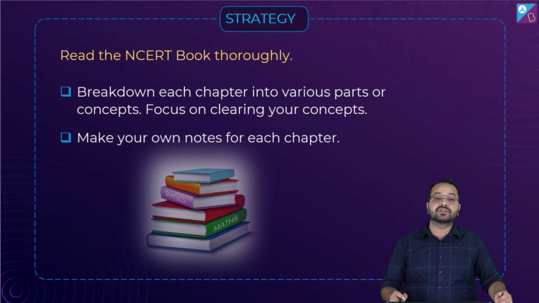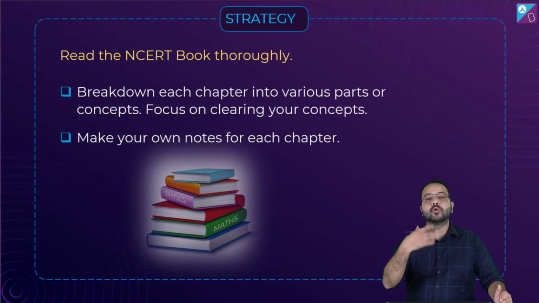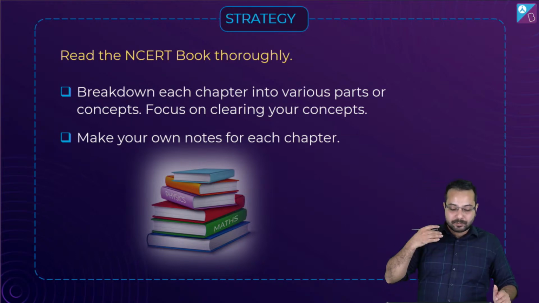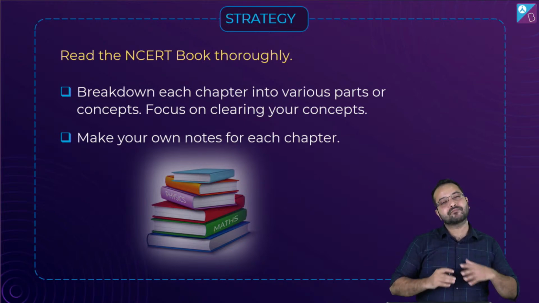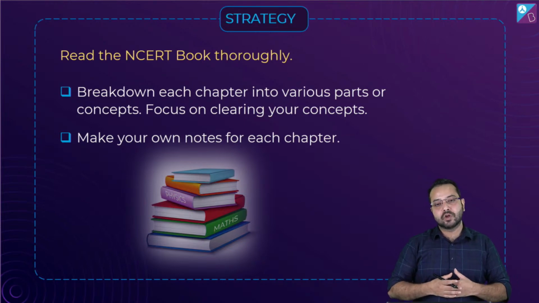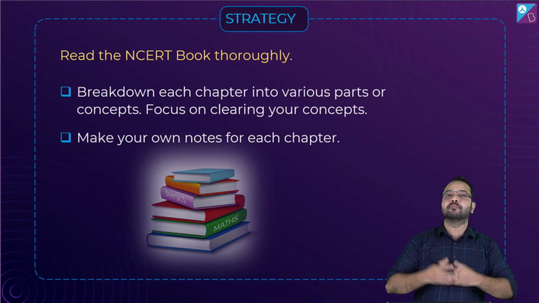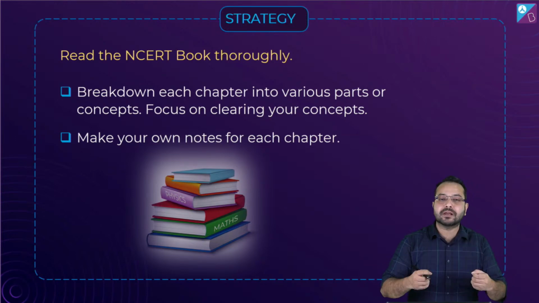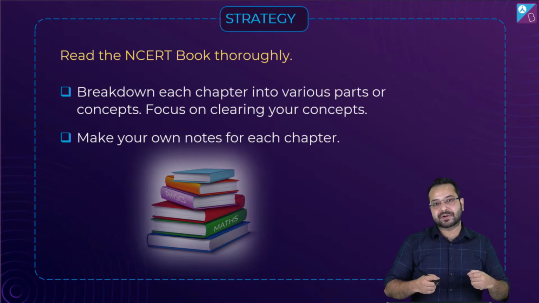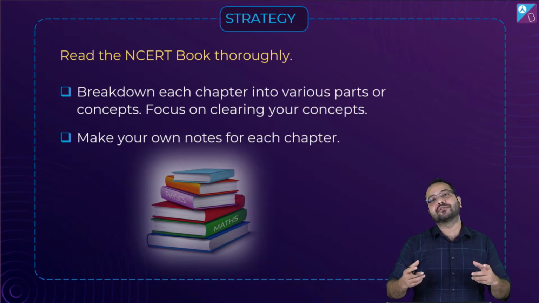One strategy which helped a lot of students, it helped me also, is that you should make your own notes. When you are making your own notes and writing in your own words, it gives you much more clarity. Reading something and keeping that in mind is something else, but actually putting your pen to the paper and writing it down makes a lot of difference.